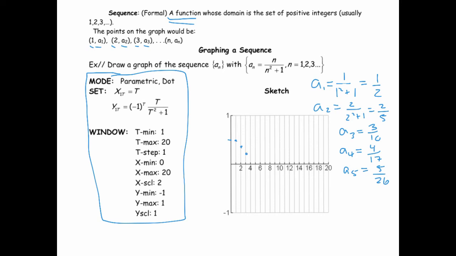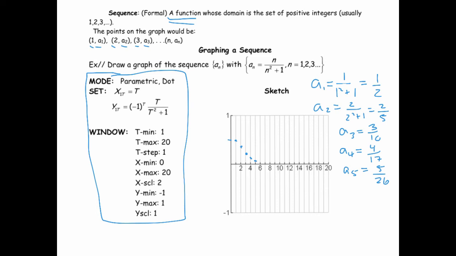I'm going to graph (4, 4/17), which is just a little bit smaller than a fourth. Now at this point on our graph, we're not really concerned so much about precision, but just the overall shape. And then (5, 5/26), which is roughly a fifth. And so I think you can anticipate generally what the graph's going to do.